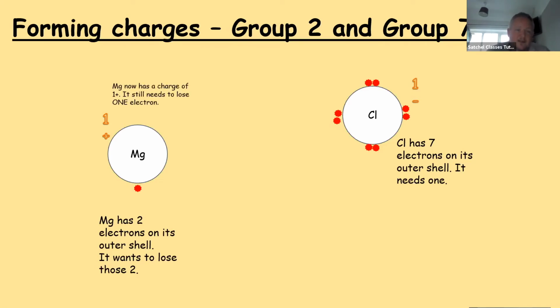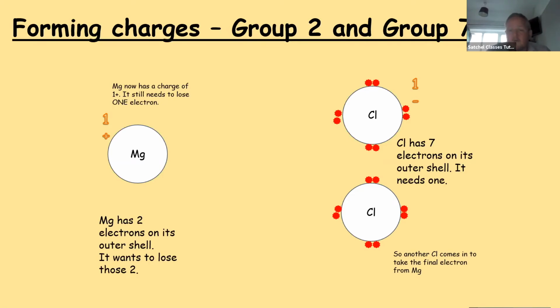Because of this, magnesium still needs to lose the 1 electron, and it will give it to another chlorine atom. That chlorine atom also needs to gain an electron, and it will take it quite happily from the magnesium.